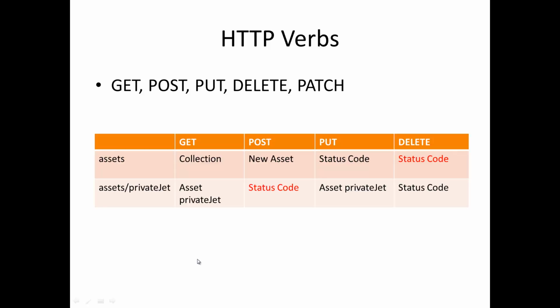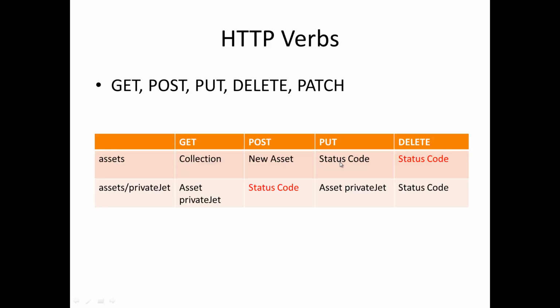But what I want to talk about now is this grid that we see here, this small table with just 2 rows, which shows us the differences for all assets and this private jet asset. This asset called private jet. So for get, I will get a collection of all assets. For post, I will create a new asset.